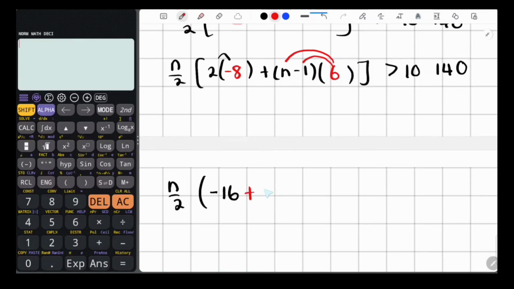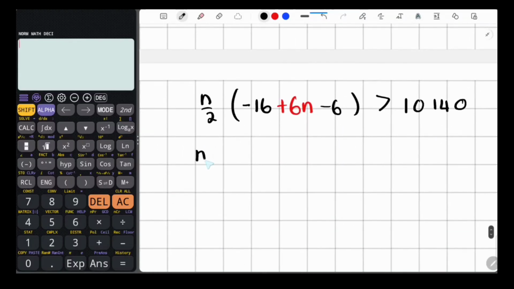So we have a plus 6n and then a -6 being greater than 10,140. And then we have n over 2. And then, of course, I'm just going to write the 6n first since it's positive. This one, -16 minus 6, is going to give us -22. So -22 being greater than 10,140.